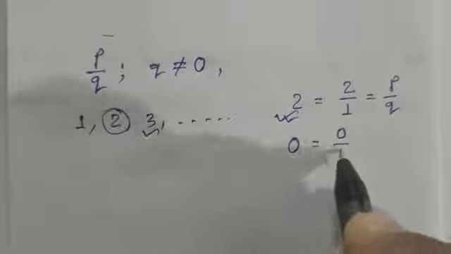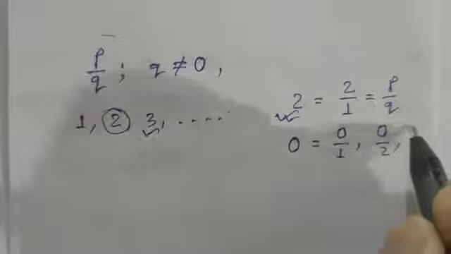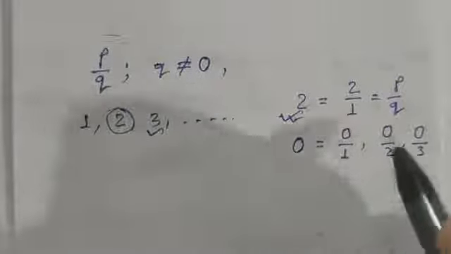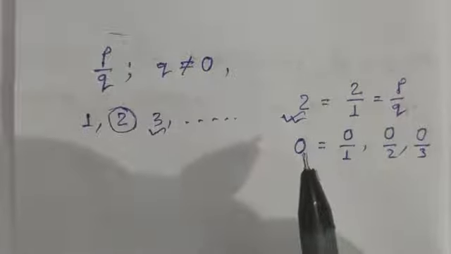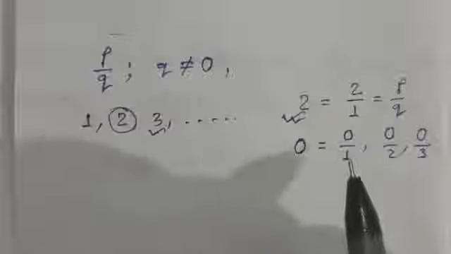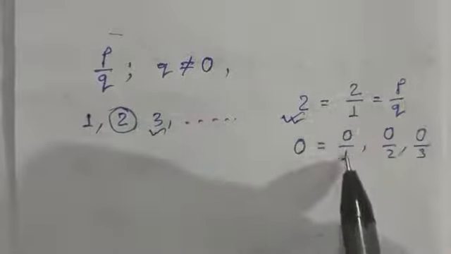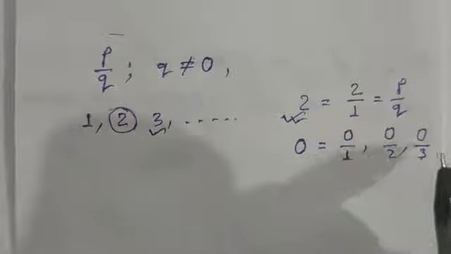So we can write 0 by 1, or 0 by 2, or 0 by 3, or any other such expressions, and it will certainly give 0. That means 0 is also a rational number as it can be expressed in the form p by q, where q is a non-zero integer, right?